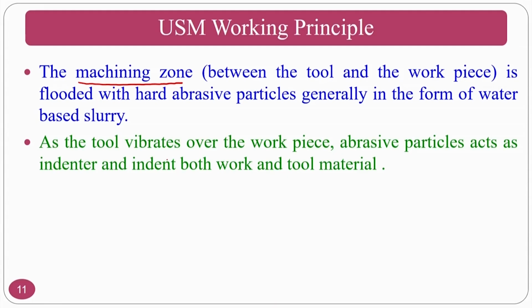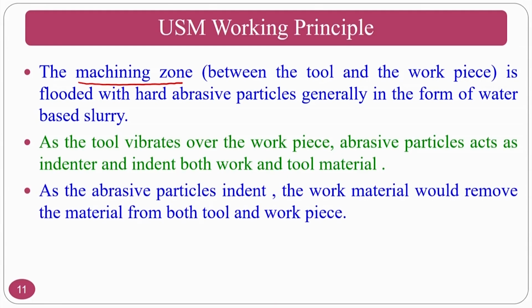The tool vibrates over the workpiece. The abrasive particles act as an indenter and indent both the workpiece as well as the tool. That means the slurry comes in between the tool and workpiece, but the workpiece is stationary and your tool is vibrating. Assume that your tool is straight and vibrating like this. Whatever abrasive particles come here will be hit, so that your workpiece is at the bottom.